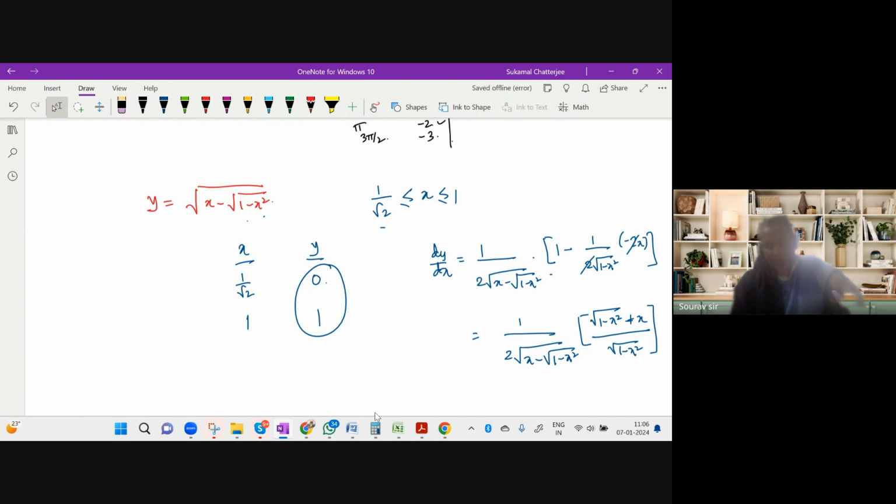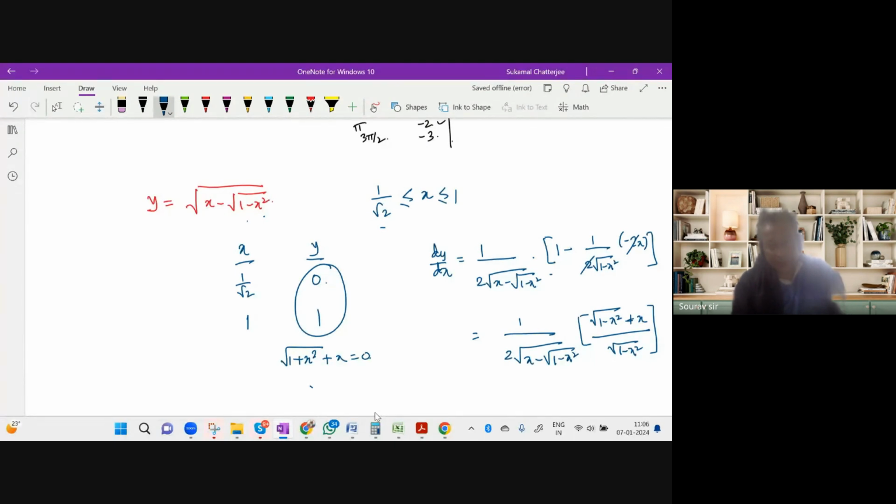So this dy dx will be 0 if there is a point of maxima or minima. dy dx has to be 0. So that means root over of 1 minus x square plus x is 0.